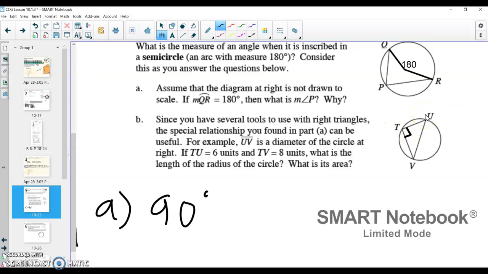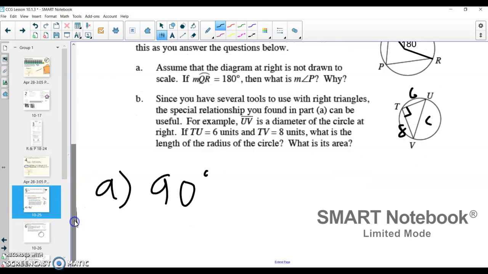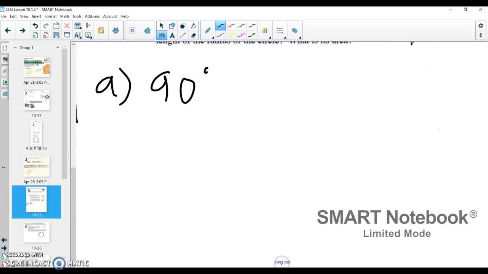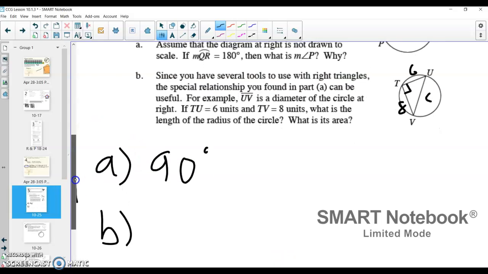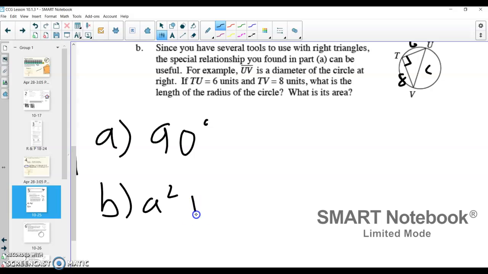So TU is 6, TV is 8, and UV we're missing, so I'm going to call it C. If it's a right triangle and we know two of the sides, we can find the third side by using the Pythagorean Theorem. A squared plus B squared equals C squared. A and B are the legs, and C is the hypotenuse.